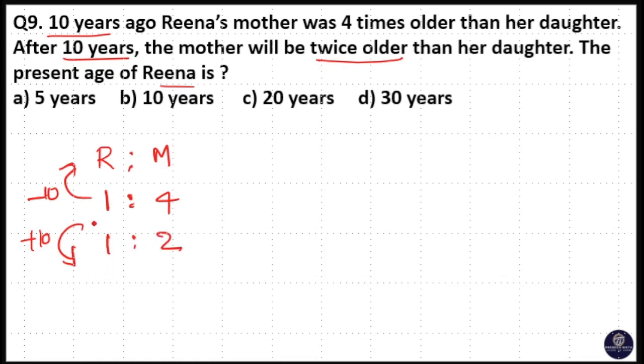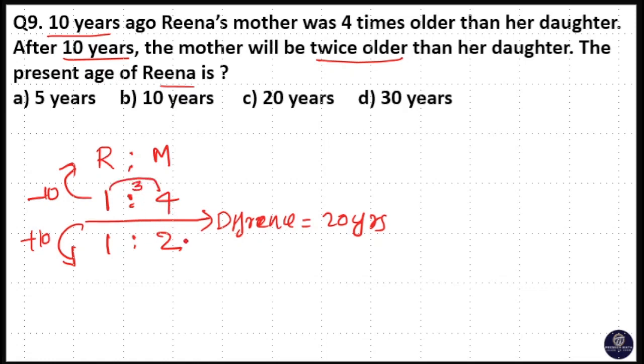You know, the difference between 10 years ago and 10 years after is equal to 20 years. But here you can see the difference between 4 and 2 is 2 units and the difference between 1 and 1 is 0 units. So the differences are not constant. So when you have ratios like this, to make these differences equal, take the difference between 1 and 4, that is 3 units.